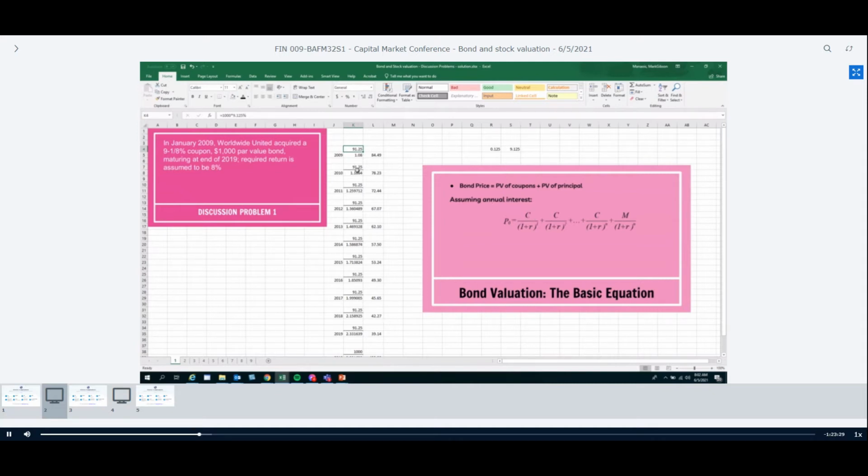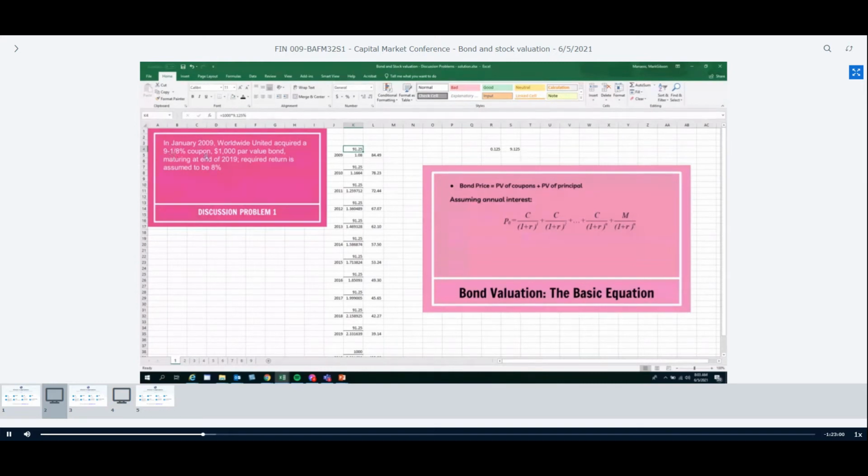Sa ilalim, yung denominator natin is 1 plus R. Ano ngayon yung R? That's the required rate of return, no? And then raised to the power of 1. Kasi yan yung year 1. Of course, pagdating ng 2010, that's year 2. Yun lang na bago. So same yung numerator mo kasi it's fixed naman at 9.125%.